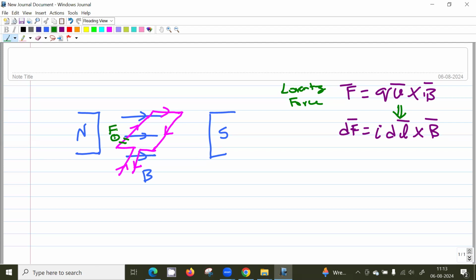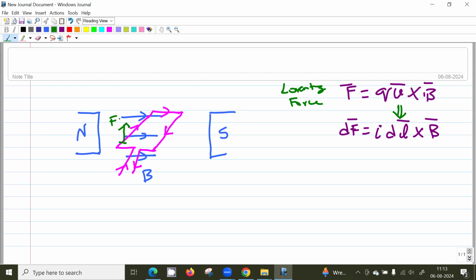Current is cross, so force is upwards. In this part of the conductor, the force is vertically upwards.